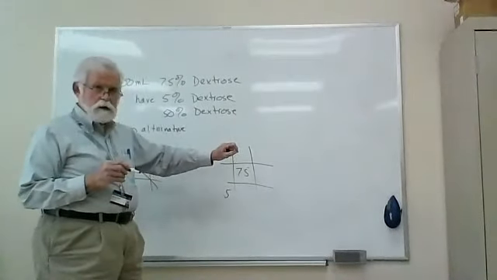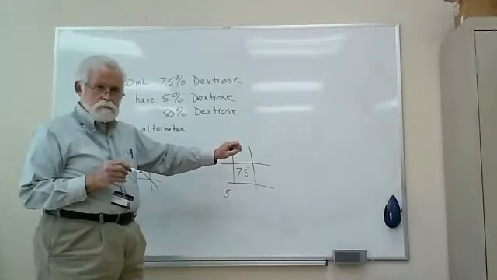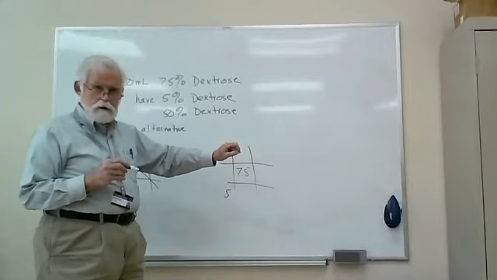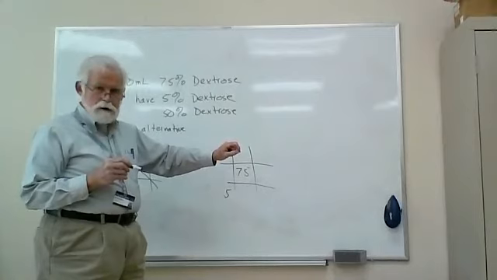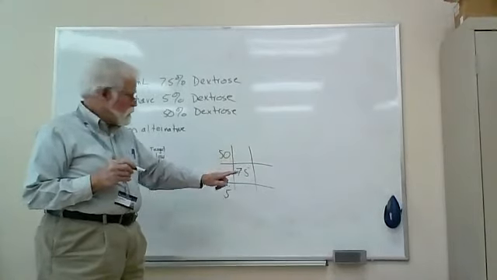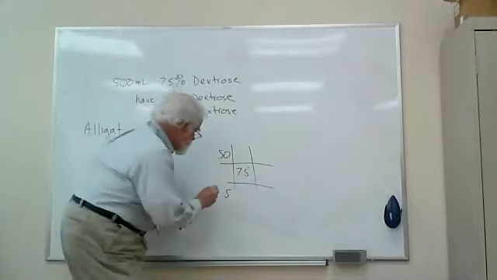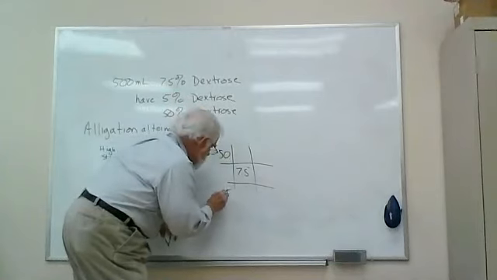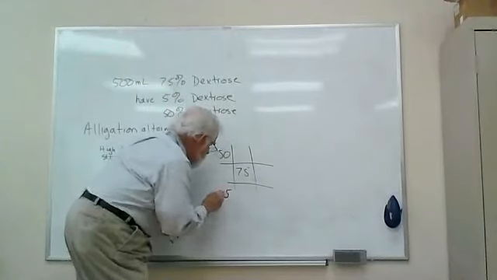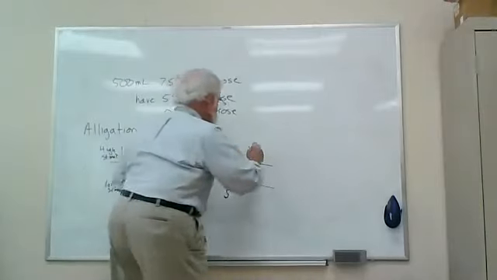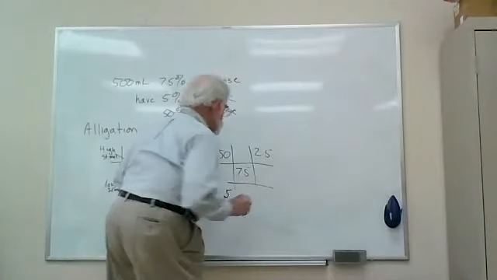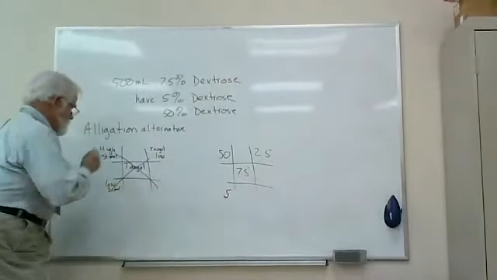So we're subtracting. 7.5 minus 5, oh, 2.5. So it's the difference between the target and the low.